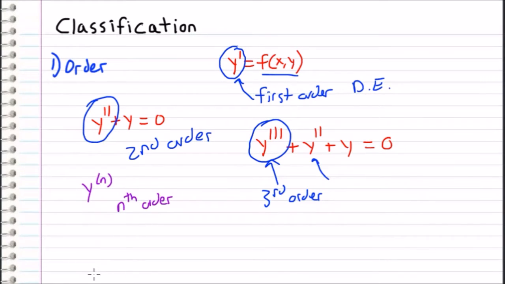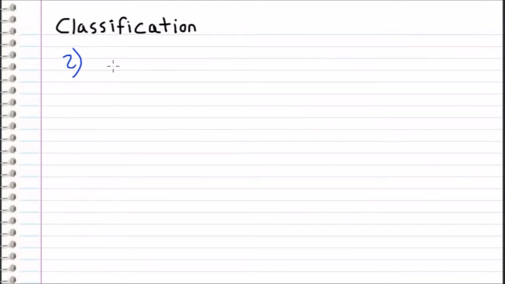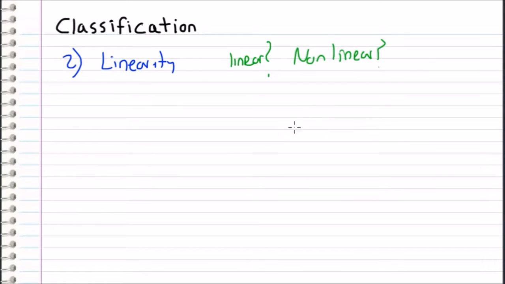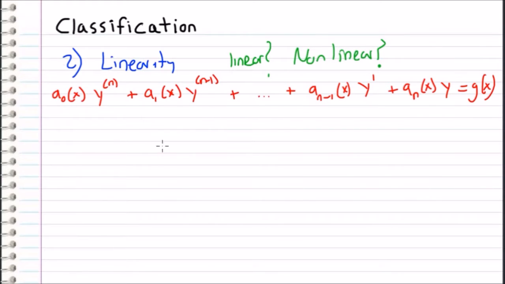The second way that we classify differential equations is by its linearity. By this, I just mean, is it linear or is it nonlinear? In general, we can classify a differential equation as linear if it fits this form right here.